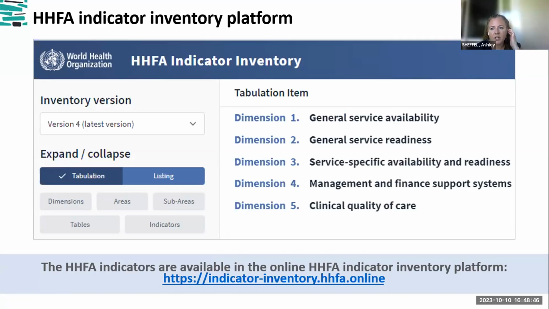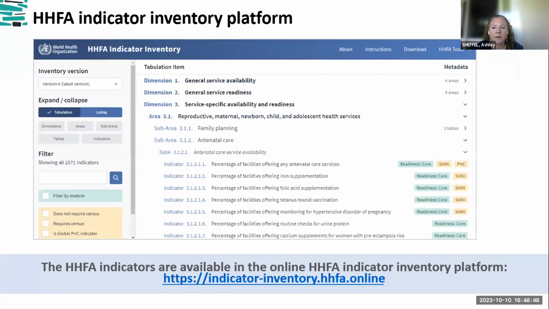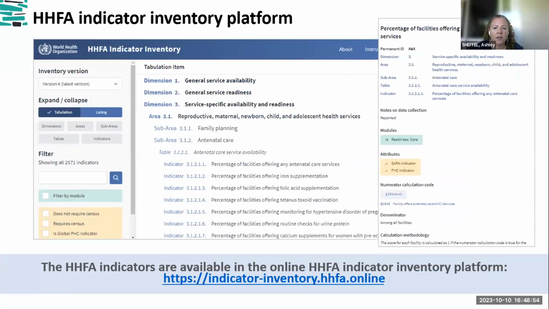So it includes information on how the indicators are expected to be tabulated and organized in the HHFA reports, as well as the survey questions and code that are needed for calculating each and every indicator. So this platform provides a quick way to understand the content, but also allows you to take a deep dive into very specific indicators and their calculation. There's also the ability to download the indicator inventory as an Excel document from the inventory platform.